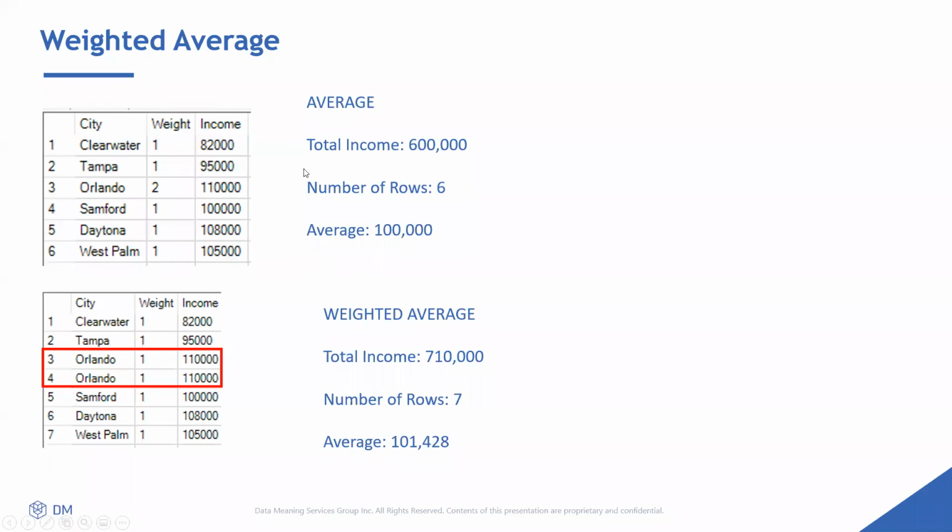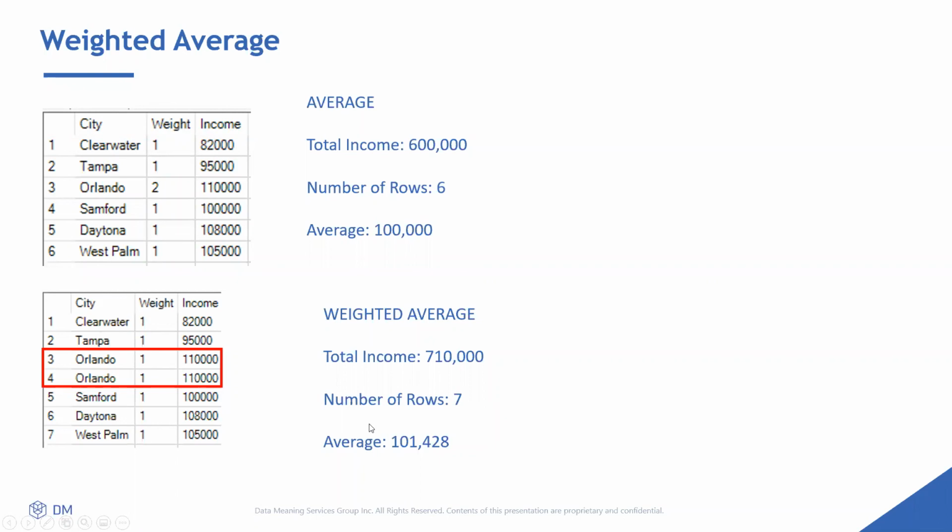But that's not taking into account the weight. In this case, my weight for Orlando is 2, where everything else is 1, which is the equivalent of saying that I want this value for Orlando to count as twice as much as any one of these other values. It's the equivalent of having 2 rows with Orlando in it.